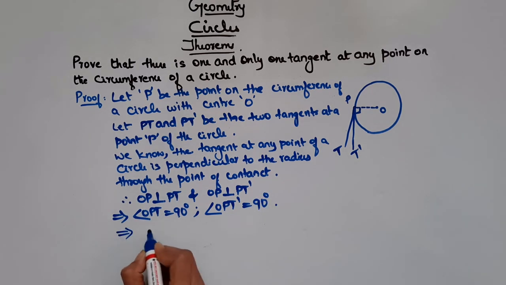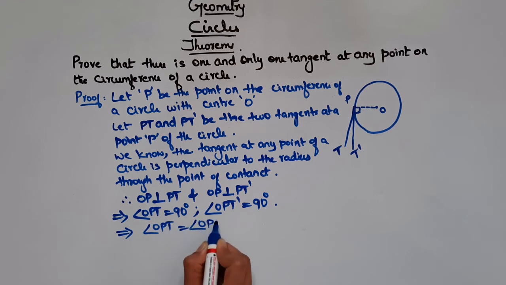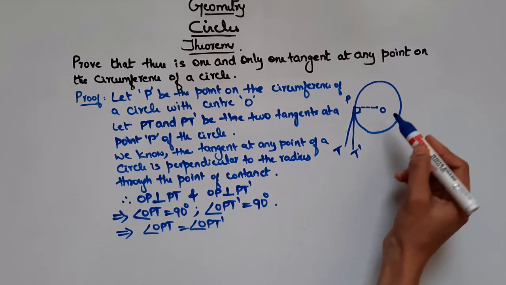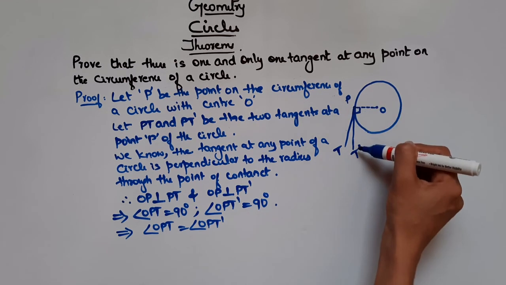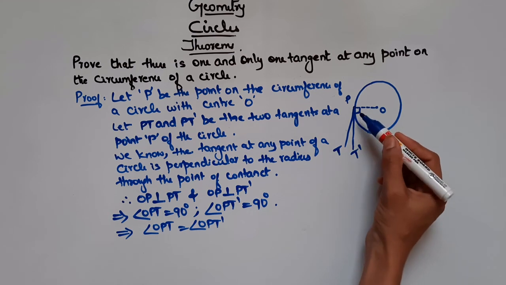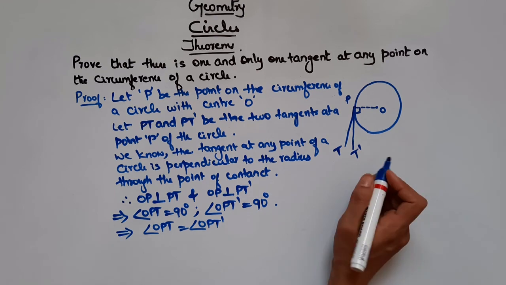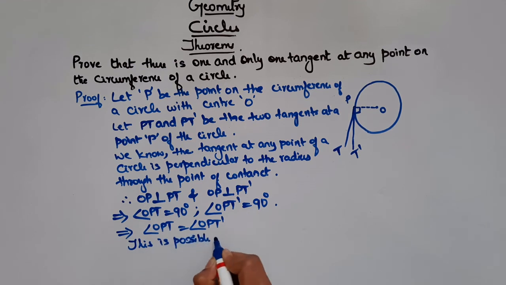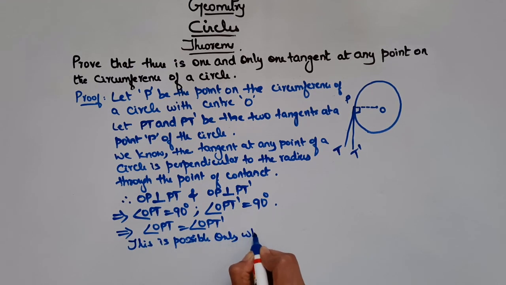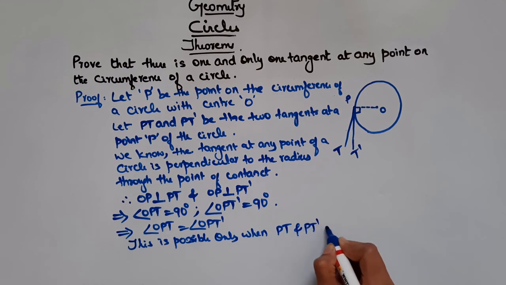So therefore we can say angle OPT is equal to angle OPT dash, which is equal to 90 degrees. So this is possible only when these two lines are coinciding with each other, right? So let's write that. So this is possible only when PT and PT dash coincide.